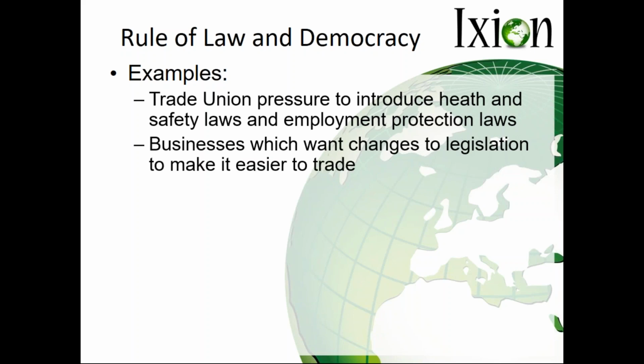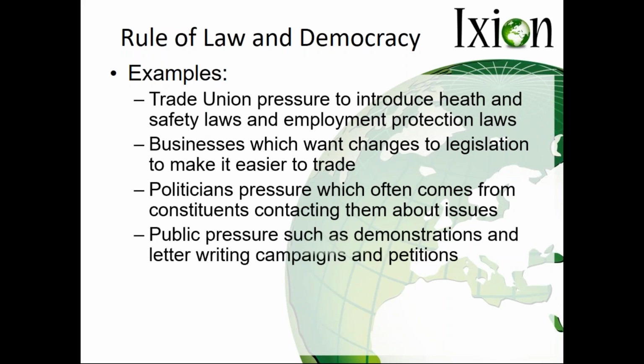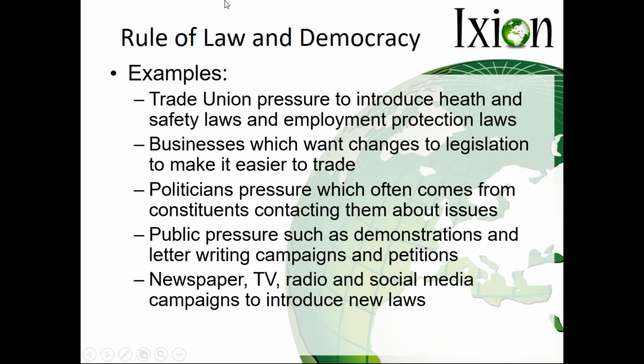Pressure from businesses which want changes to legislation to make it easier for them to trade. Pressure from politicians, which comes about usually from constituents contacting them about various issues. And think of the public pressure, such as demonstrations, letter writing campaigns and petitions, and pressure through newspaper, TV, radio and social media campaigns to introduce new laws.